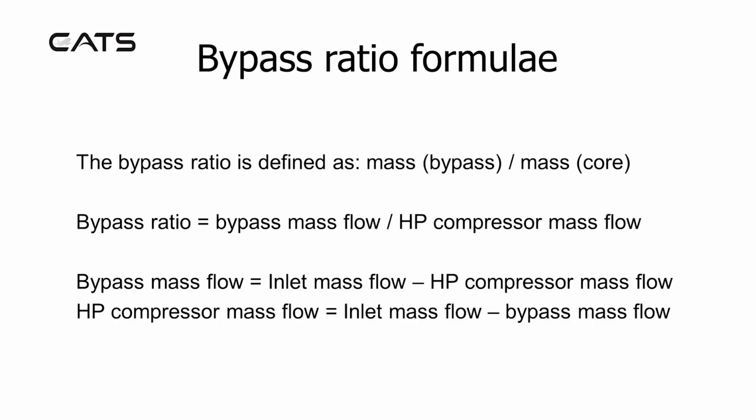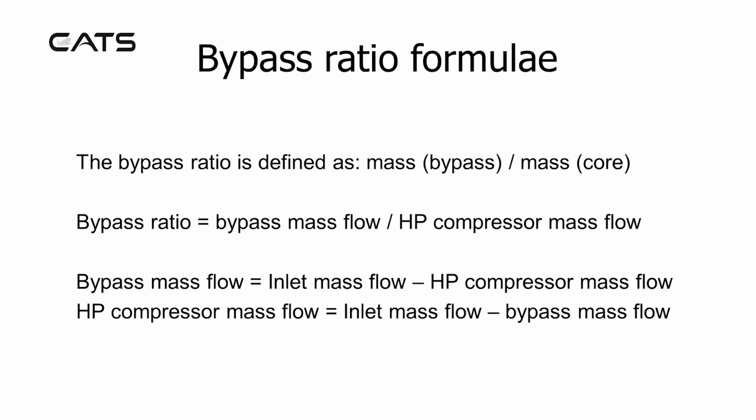So let's have a look at some bypass ratio formulae. Bypass ratio is defined as mass of the bypass, that's what's going outside, divided by the mass of the core. It's the flow of air we're talking about really. So bypass ratio could also be described as bypass mass flow divided by the high pressure compressor mass flow.